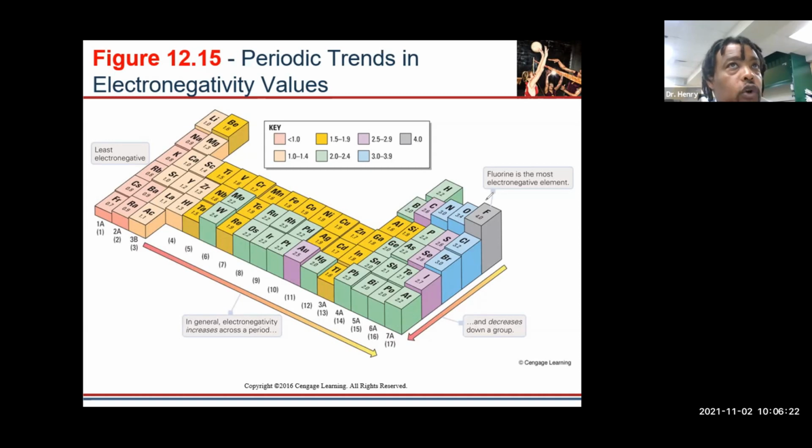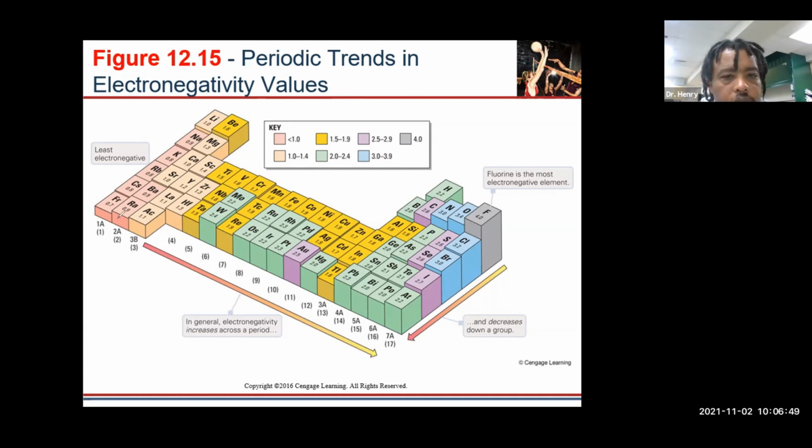Fluorine is the most electronegative element, oxygen is the second most electronegative, and francium is the weakest. So they're total opposites: fluorine very strong, francium very weak.